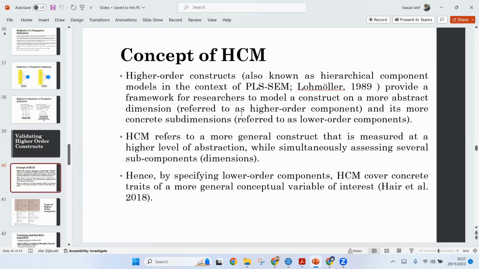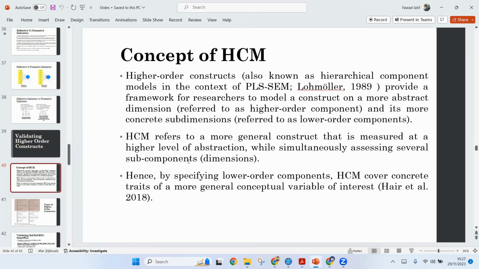So when you have a higher order construct like servant leadership, as I gave the example of, and the paper that I showed, I'll share the paper as well, you have lower order components. In that case, we had 7 lower order components. Now, HCM refers to a more general construct that is measured at a higher level of abstraction, while simultaneously assessing several subcomponents.